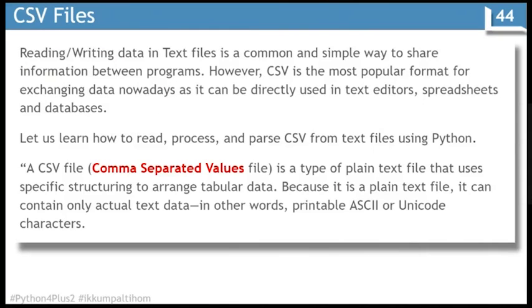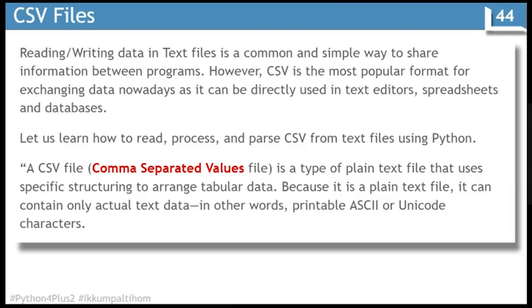Next topic which we have to do is CSV files. Reading, writing data in text file is a common and simple way to share information between programs. However, CSV is the most popular format for exchanging data nowadays, as it can be directly used in text editors, spreadsheets, and databases.